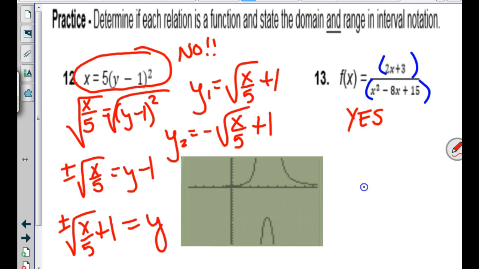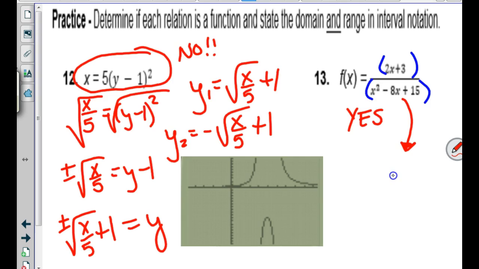Domain and range is much more miserable, right? Okay. Domain is left to right. There are some places where it's undefined. Could anybody predict where those would be? Do you remember what we just said out loud a minute ago? It's all real numbers unless there's what?